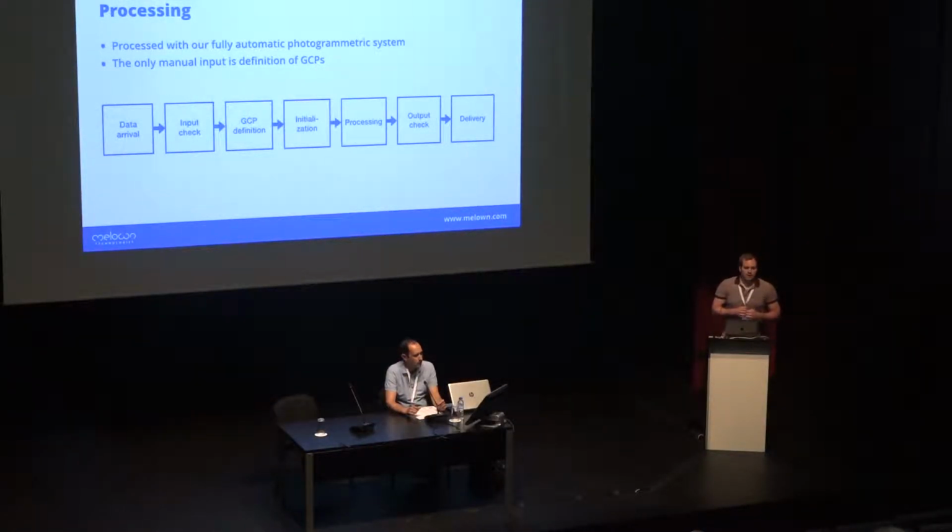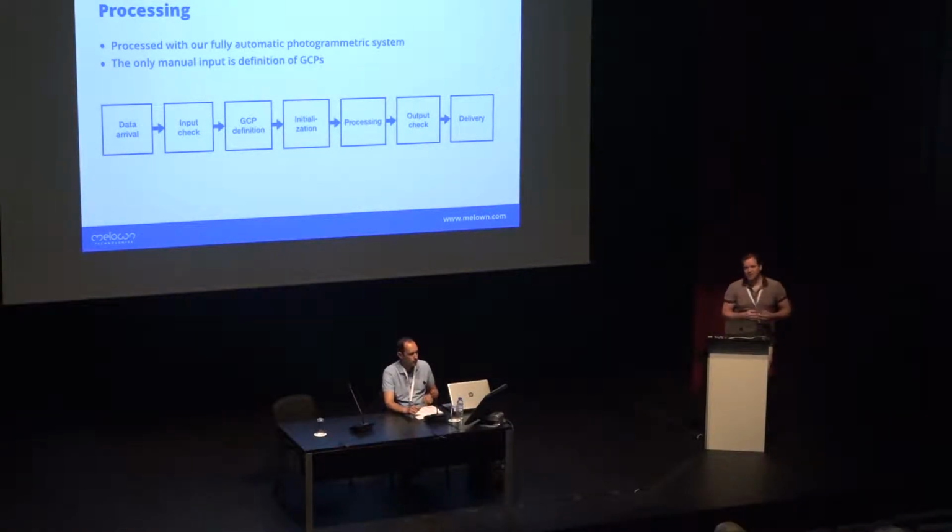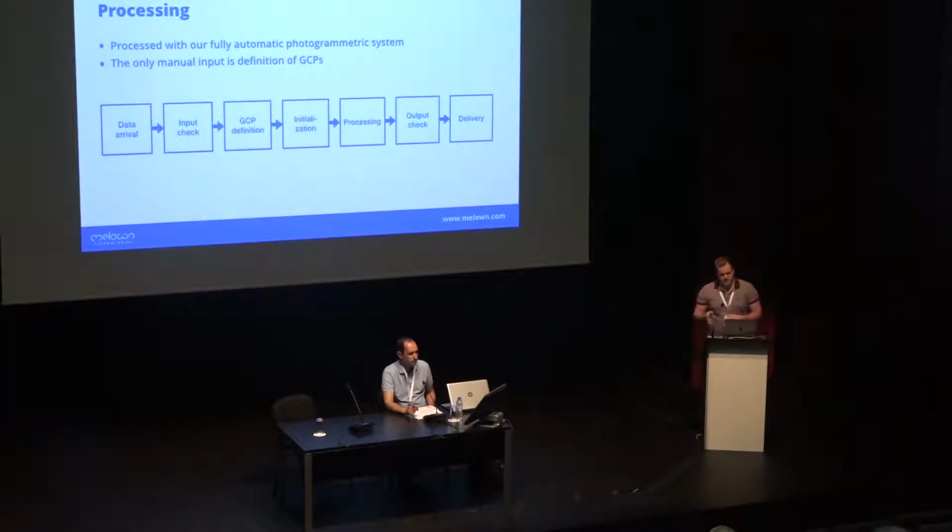The only manual input is a definition of ground control points, of which we needed a lot. The process consists of input quality control, GCP definition, photogrammetric system initialization, processing, output quality control, and packaging for delivery.